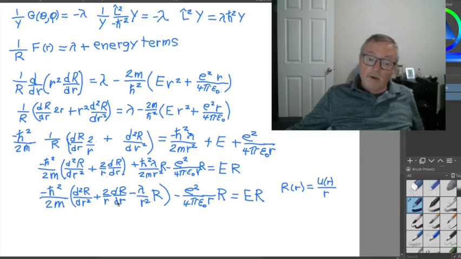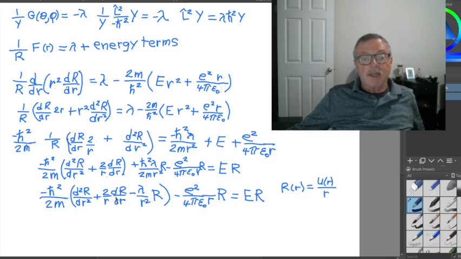Somebody else discovered it. We can simplify this to make it look a little bit more physicist sized. I'm going to develop a new function called u of r over r, and I'm going to replace all the R of r with this u function over r.